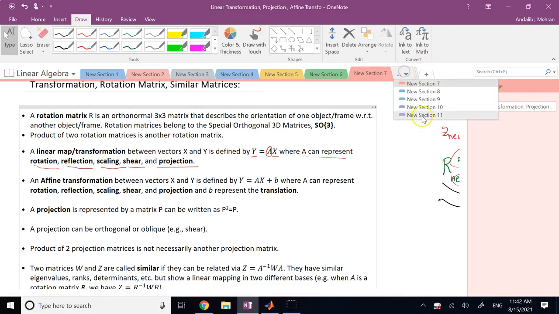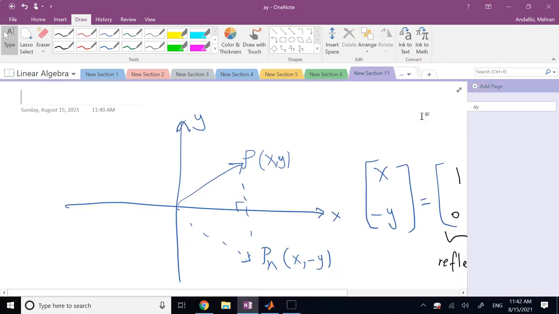What is scaling? Scaling means the magnitude of the vector increases without changing the direction of it. So if this is P, this time Pn is going to be the same as P, but let's say 2 times bigger, 3 times bigger, or 3 times smaller. So all you need is to multiply both x and y with the same factor. So this is going to be k times x, this is going to be k times y. If k is bigger than 1, you're increasing the size.